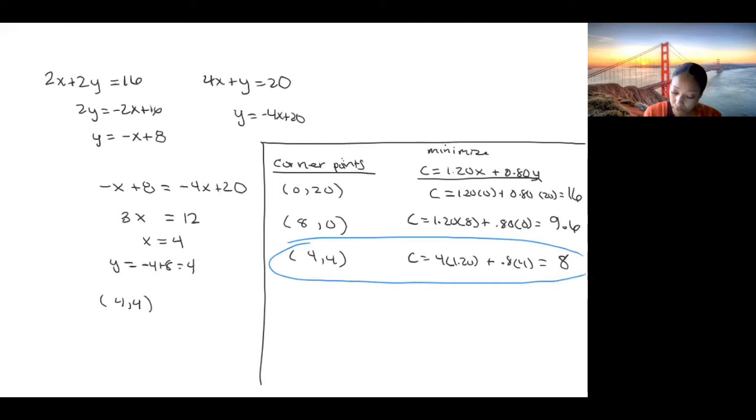So writing this up in a sentence, remember in this problem what the 4 and the 4 represent. So we don't want to just say when x equals 4 and y equals 4.